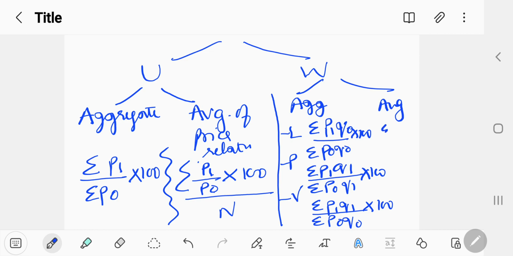In the simple average, I take price relative for each, multiply it with weight, divide it with the sum of weight to get the answer.